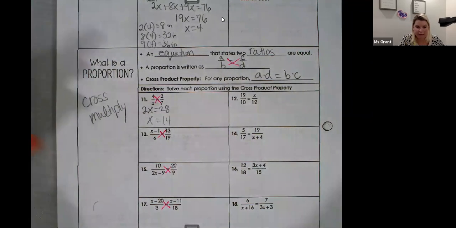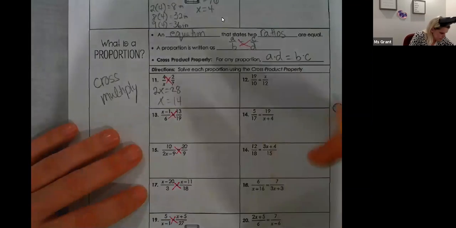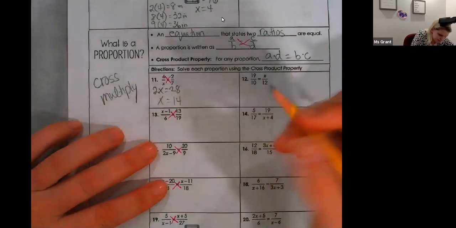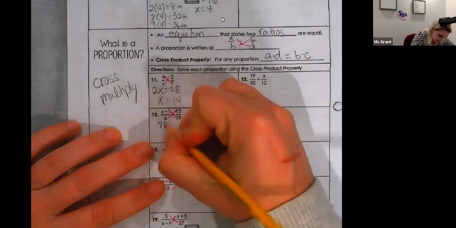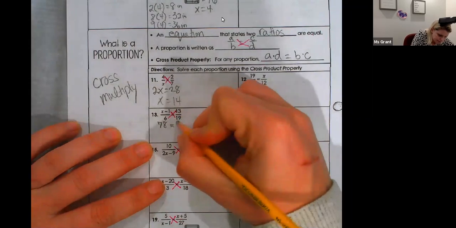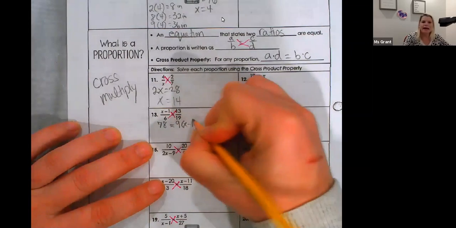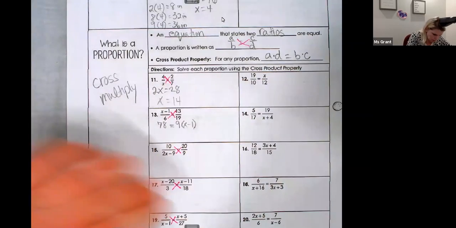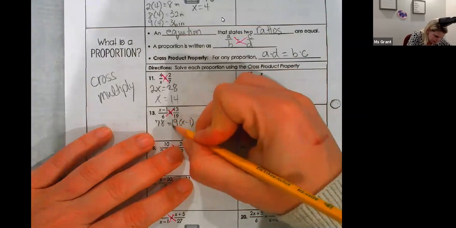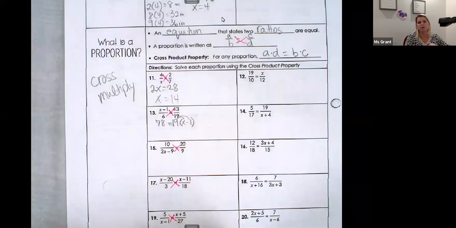Now, 13 adds a little bit of extra because 6 times 13, I'll just tell you, is 78. But I need to go 19 parentheses x minus 1. 19 times x and 19 times 1. Distributive property.